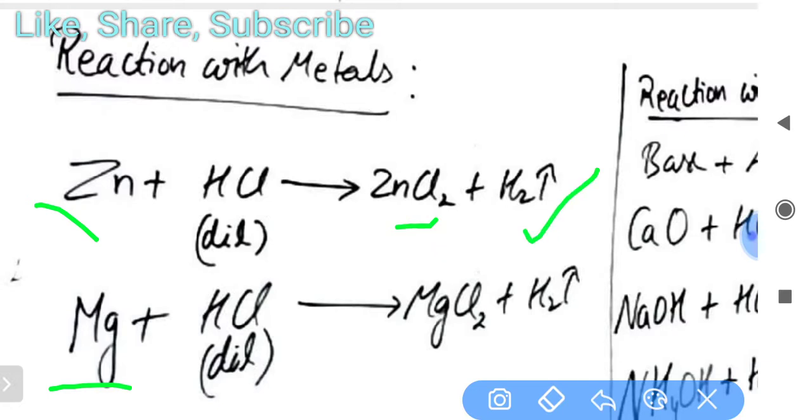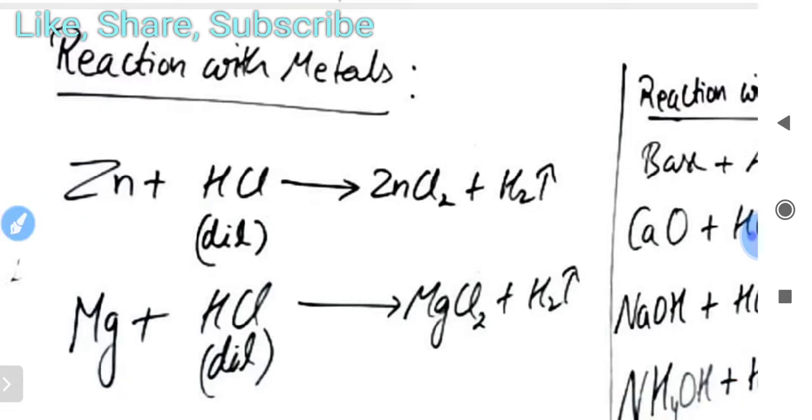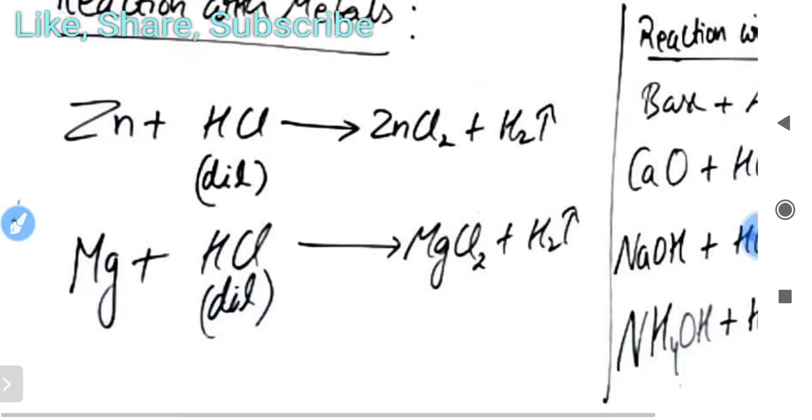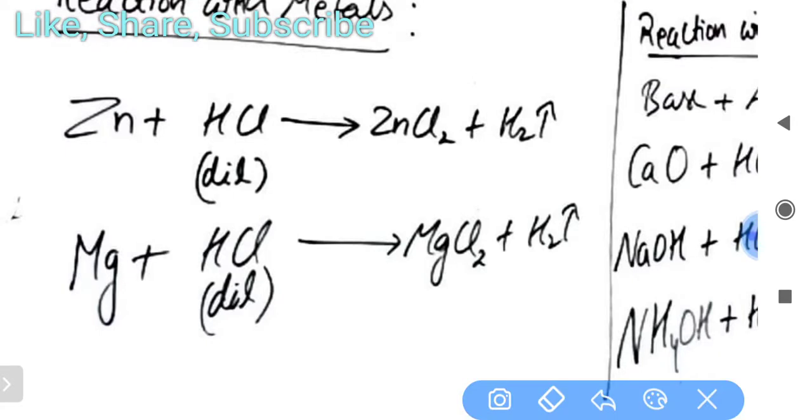Zn plus HCl makes ZnCl2. Balance these equations also. Then Mg plus HCl makes magnesium chloride and hydrogen gas is liberated. Just recall that whenever an acid reacts with metals, hydrogen gas is produced.